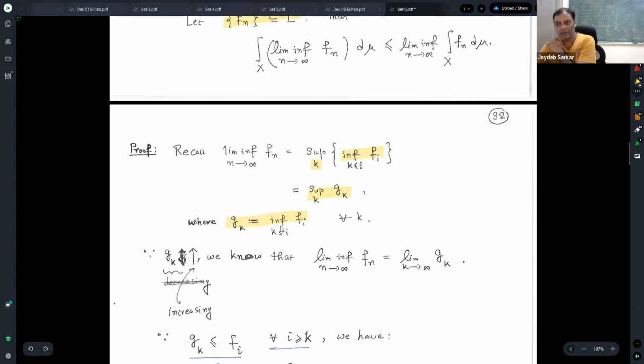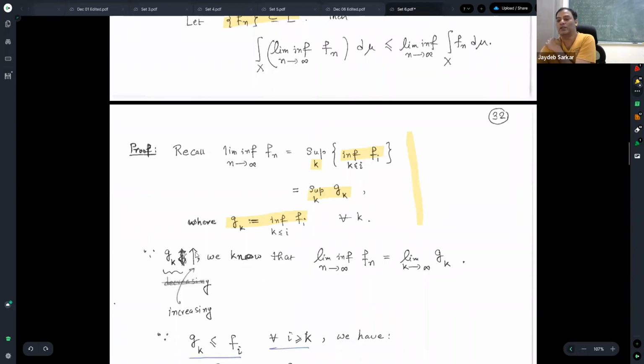What is gk? gk is the infimum of Fi, where i is larger than or equal to k, for some fixed k. So the definition is clear and this is known to us. Now we observe, of course, that gk is increasing, which is very typical of this lim inf and sup.